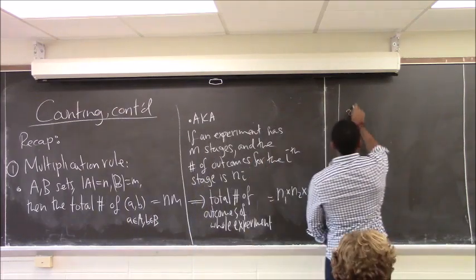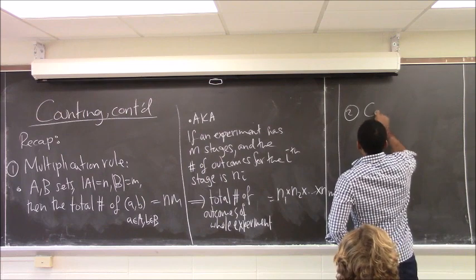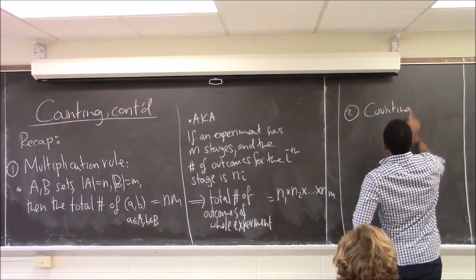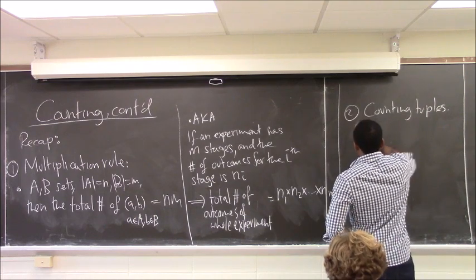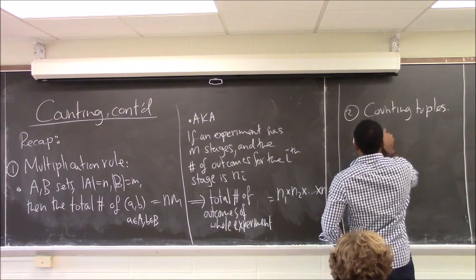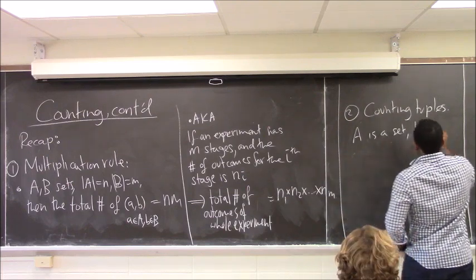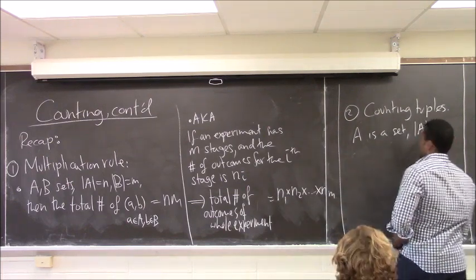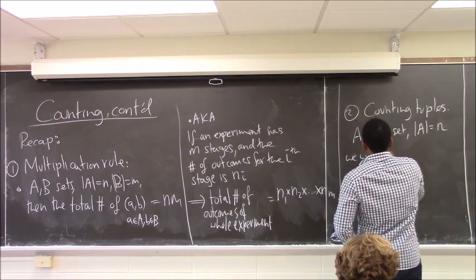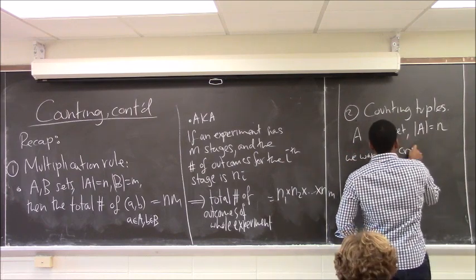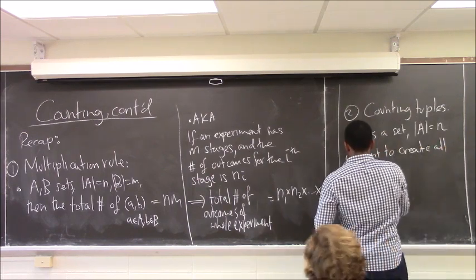The second major thing we saw was counting tuples. So let A be a set. Say it has n things in it. We want to create all r-tuples.